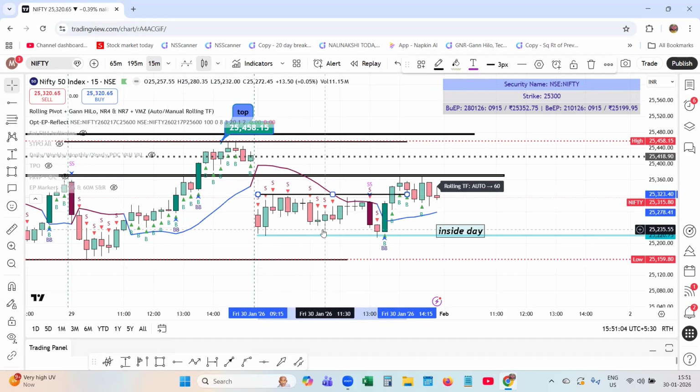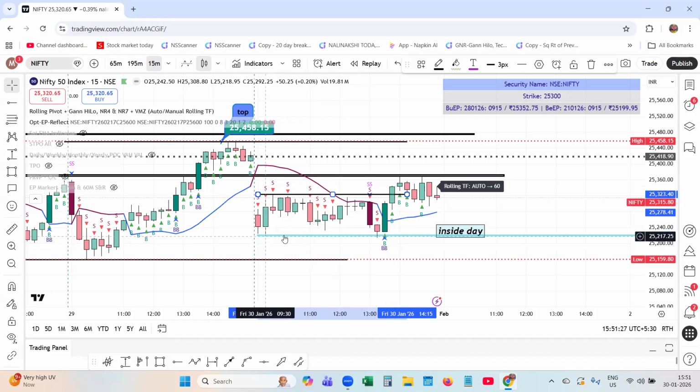You could have traded the 25,300 put option. It went from 100, and I'll show it to you, up to 240, 176 or 186.